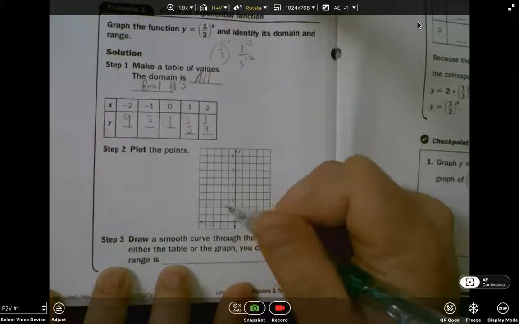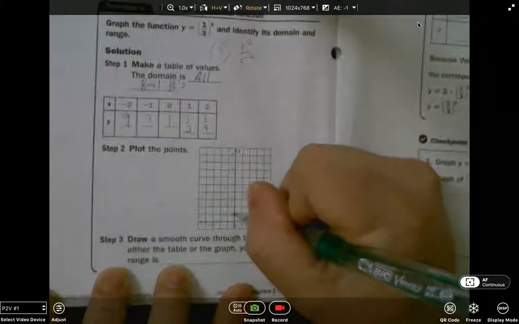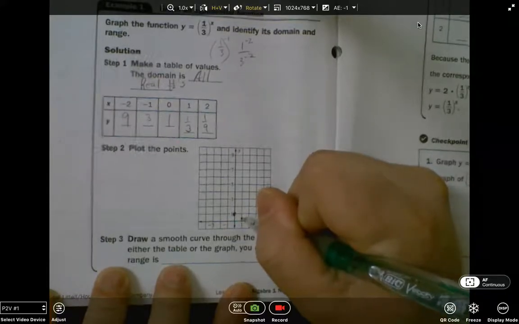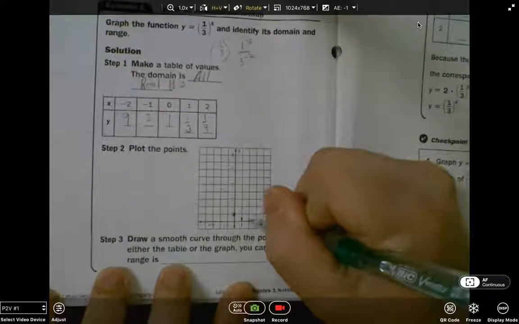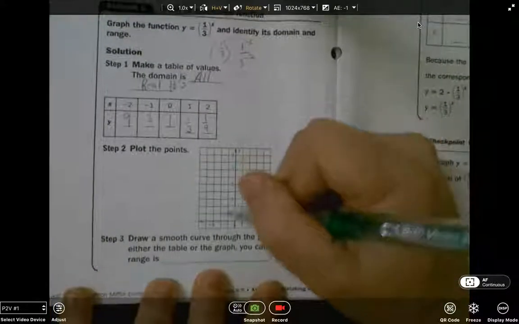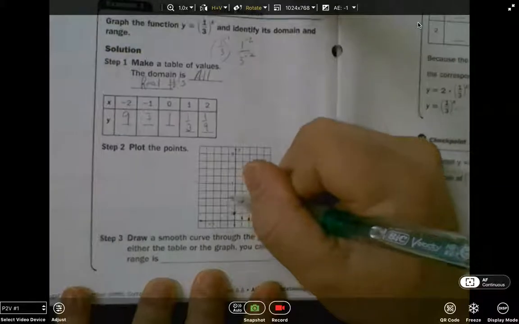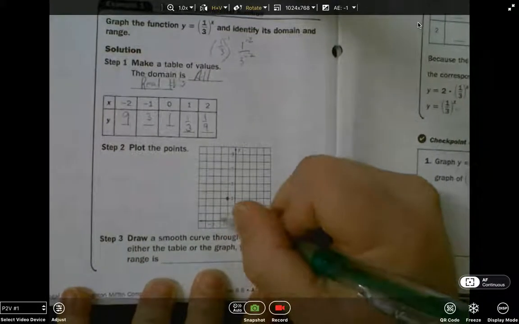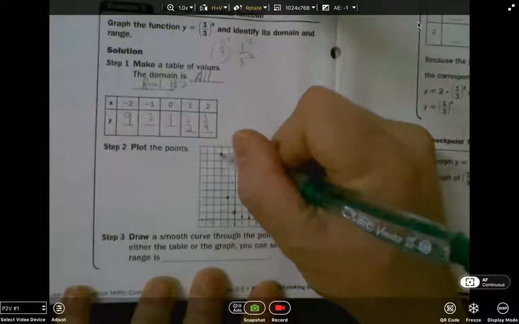Then step 2 is to plot the points. We'll start at the y-intercept at 1, and then (1, 1/3), then (2, 1/9), which is almost right at the x-axis but never touches, and then (-1, 3). And then for -2 we go up to 9.